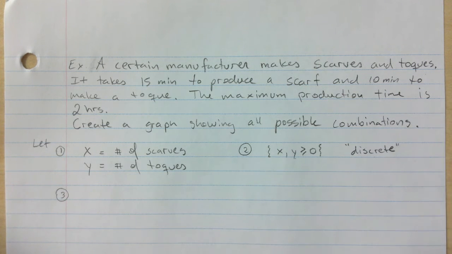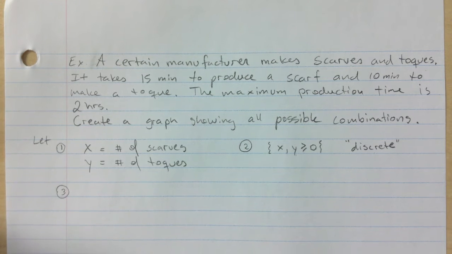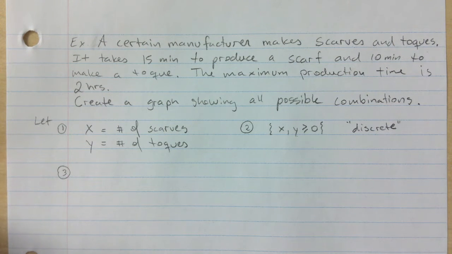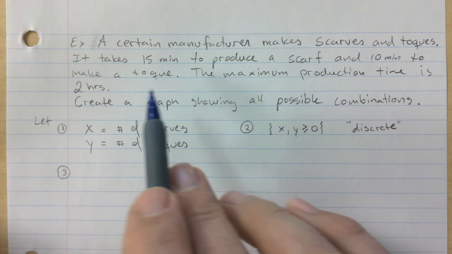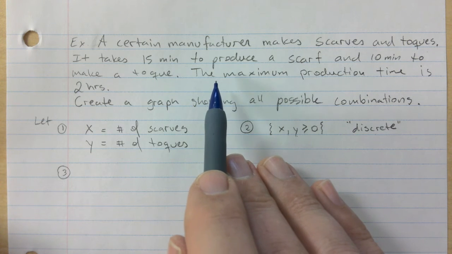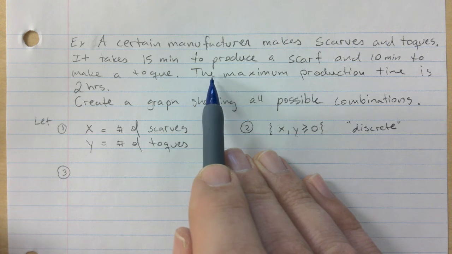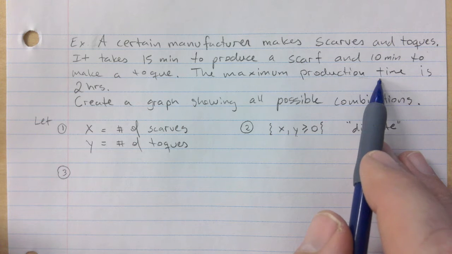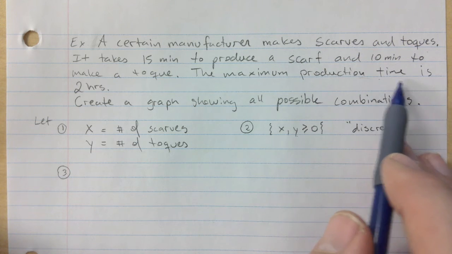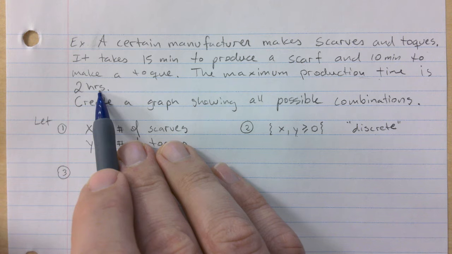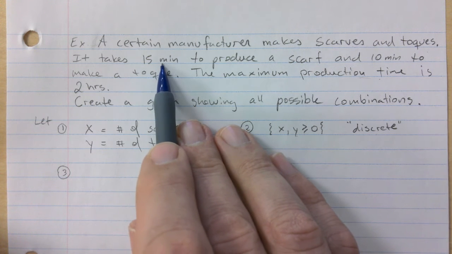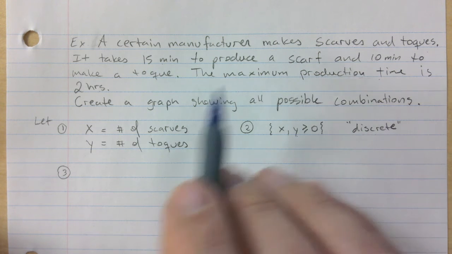Number 3, we're going to come up with our system of inequalities. First of all, you always have to look for the restriction, right? In this case, the only restriction mentioned here is on the time. The maximum production time is 2 hours. And if there's a restriction on time, they also have to give you how long it would take to produce each one of them, right?